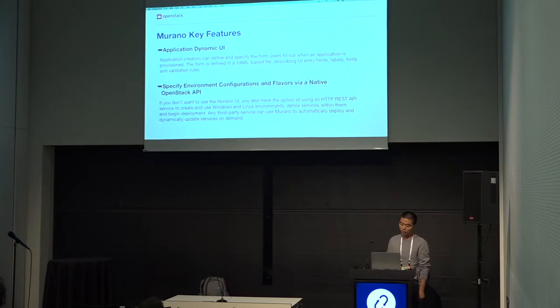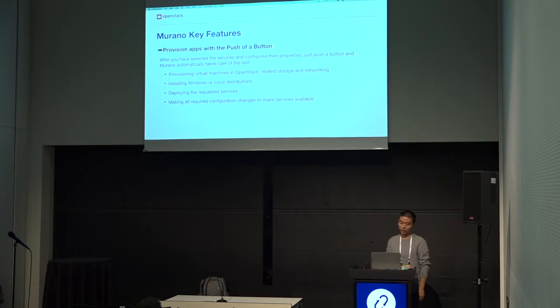Then they specify the environment configurations and flavors via the native OpenStack API. This is a scenario where users do not use the Horizon UI. They can use the HTTP REST API service, create the environment, define them, and then begin the deployment. Any third-party service can use Murano to automatically deploy and dynamically update services on demand.